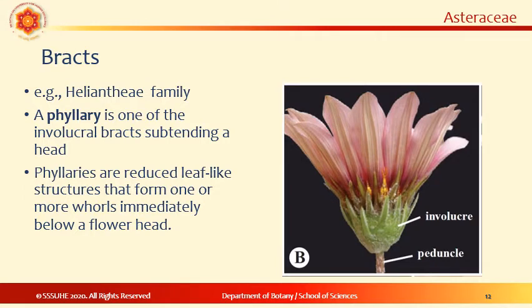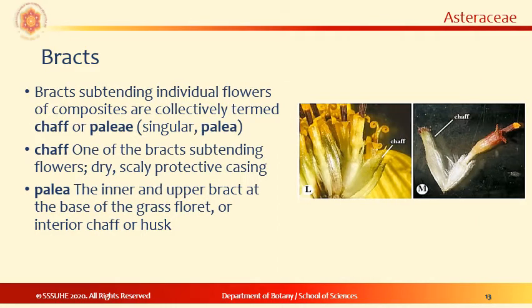The phyllary or involucre bract is a reduced leaf-like structure that forms whorls immediately below the flowers. These bracts can also be chaff, like that we see in grains, which is a dry scaly protective casing.